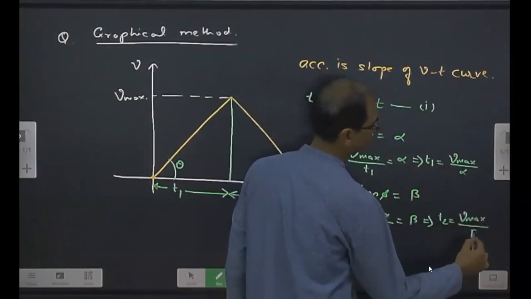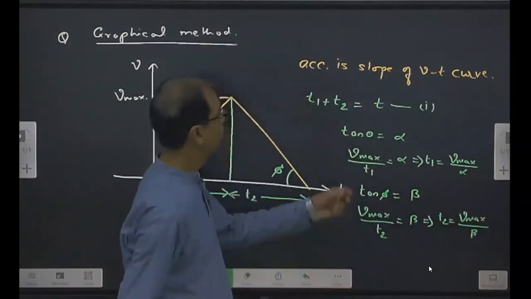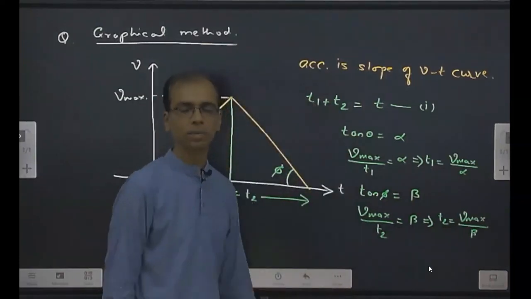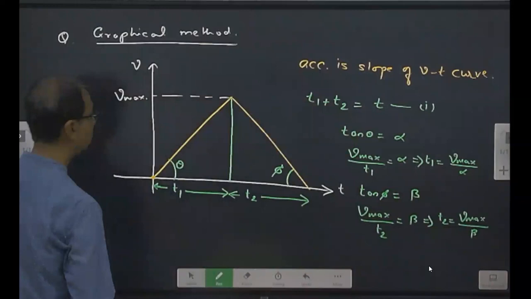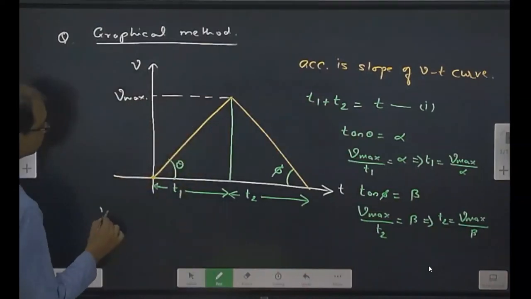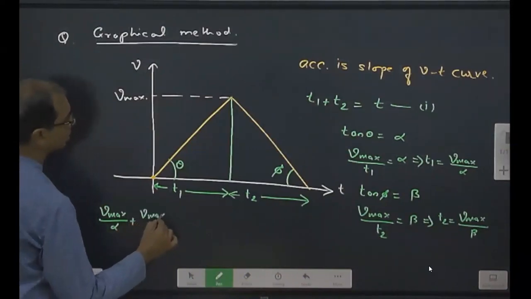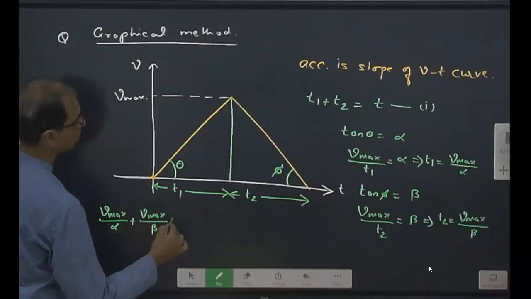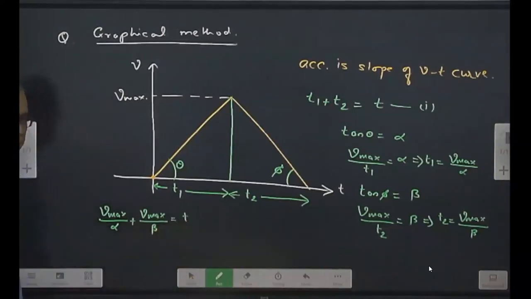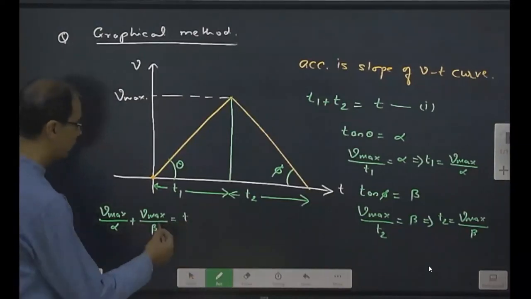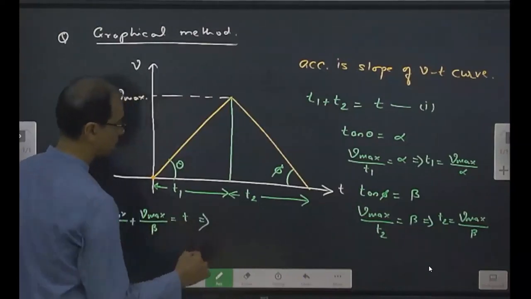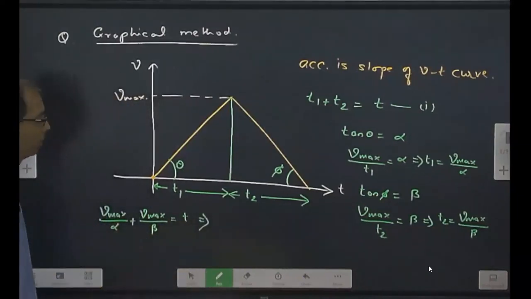After finding T1 and T2, I'm going to put them in the equation T1 plus T2 equal to T. Let's put the T1 value, V maximum by alpha, plus the T2 value, V maximum by beta, equal to T. Solve it. Take the LCM, which is alpha beta.